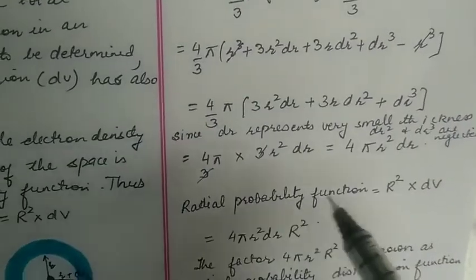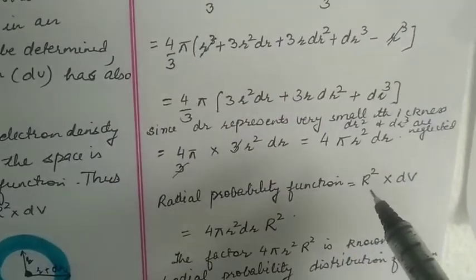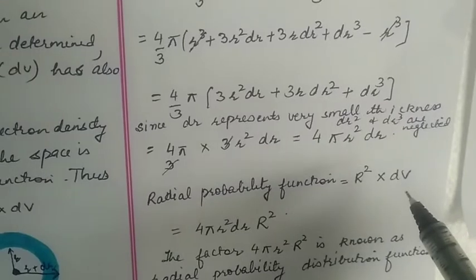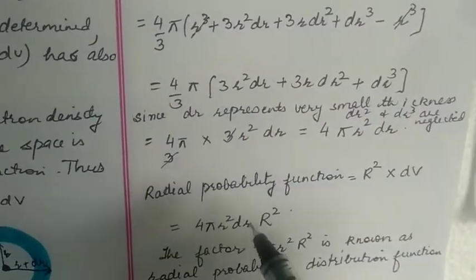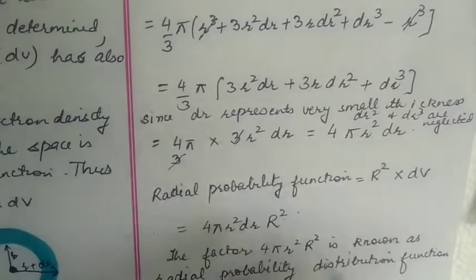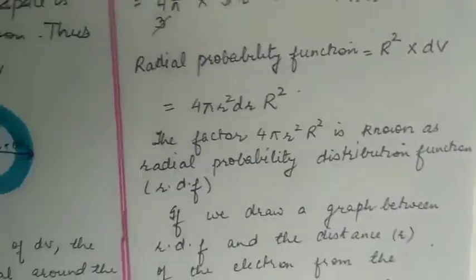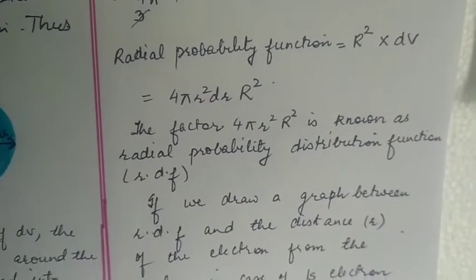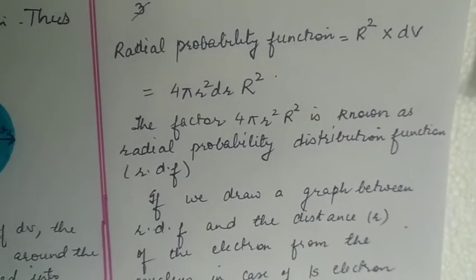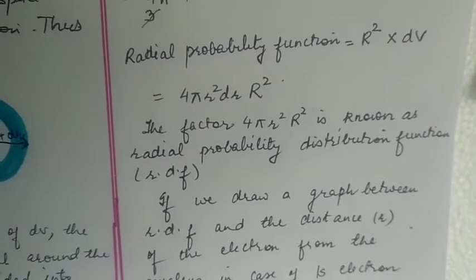Radial probability function, as you know, is probability density multiplied by dV. So we get 4 pi r square dr into psi square. This factor 4 pi r square is known as radial probability distribution function.